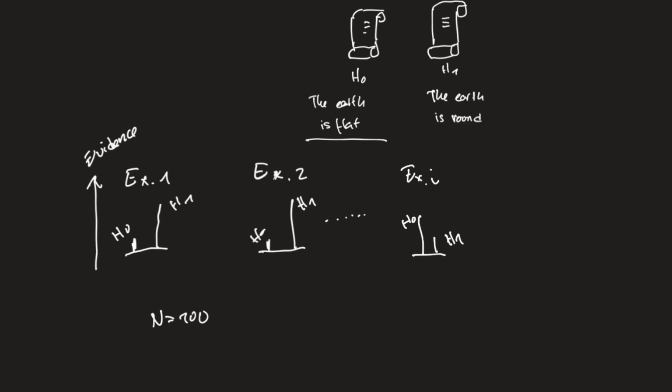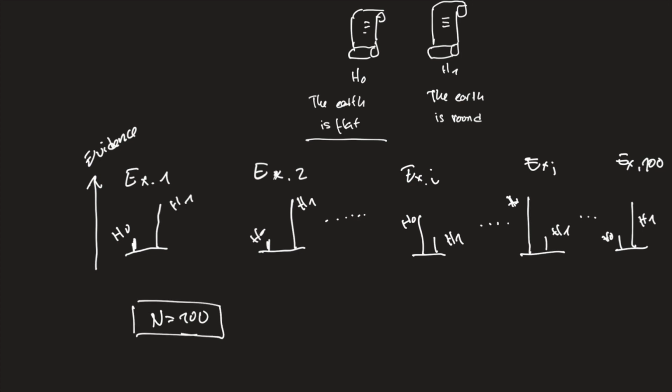And then we run a couple of other experiments, and we find again the same scenario, and this is experiment j. And we continue, and the vast majority of the experiments just show the opposite direction. So we end up having here H0, H1, and experiment 100, because we agree that we're going to run 100 experiments.